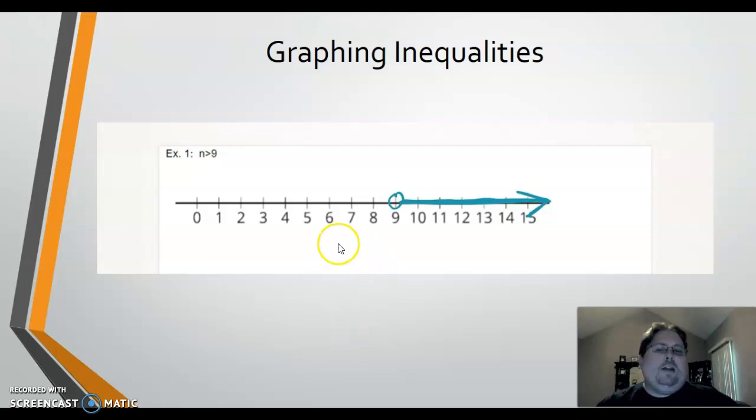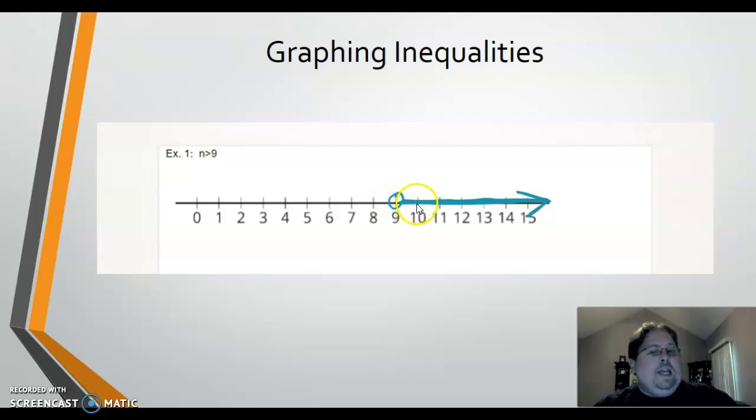When we talk about graphing these, we have n is greater than 9. I'm going to locate that 9 on my number line, and I'm going to put a circle around it. Then, because it's greater than, I'm going to look at the numbers on either side of my number line. Does it make sense that 8 is greater than 9? No, because 8 is less than 9.